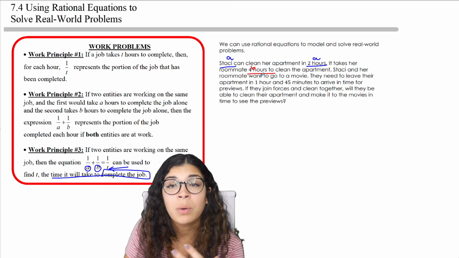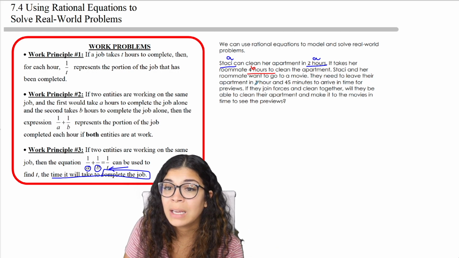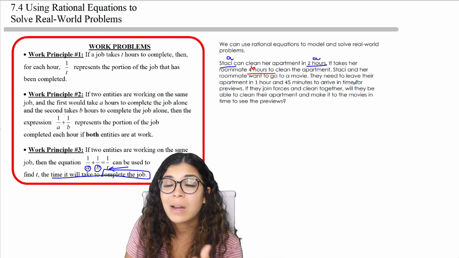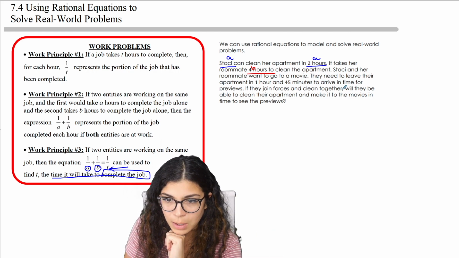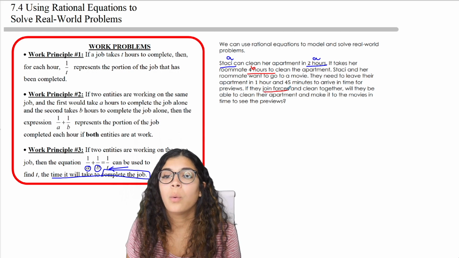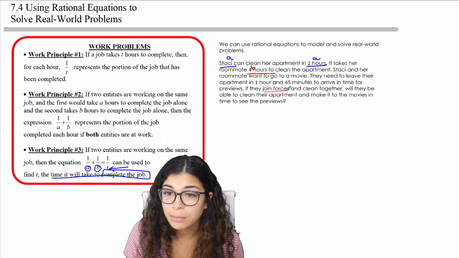Stacy and her roommate want to go to a movie. They need to leave their apartment in exactly 1 hour and 45 minutes to arrive in time for the previews for the movie. Now, what they're saying is they're going to join forces, okay? They're going to work together and clean together.